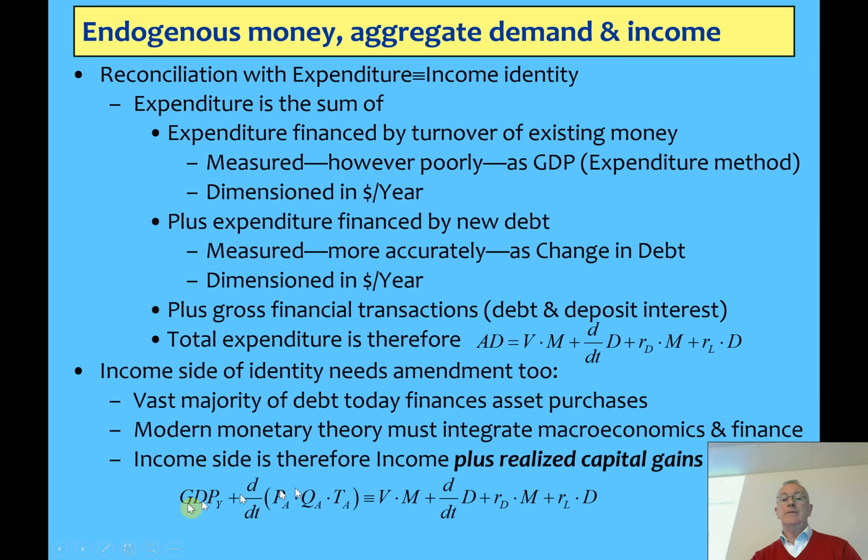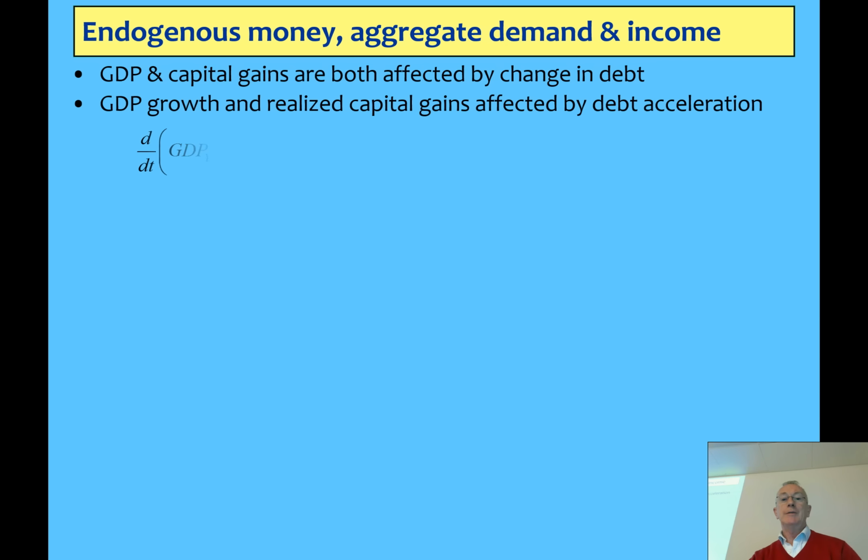If I take the differential of this to get the rate of change of GDP, I'm going to get partially also the acceleration of asset prices tied up, and the change in asset prices, and also asset prices themselves are all going to turn up with that chain rule there, related to the acceleration of debt. So you get a relationship between acceleration of debt and change in asset prices. It's complicated, it's messy, but it's real world.